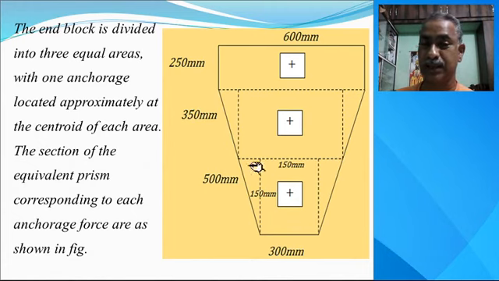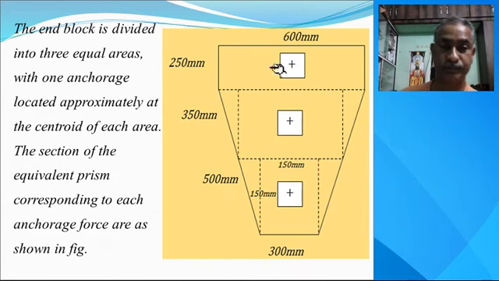Similarly for another area, you can find this distance: 15,000 divided by 3500 gives this distance. This is the second one, and the third is again this area, 600 multiplied by 250, again 1500. So we have divided the total block into 3 equal areas, and at the center of the 3 equal areas we can place the anchor plates, plates number 1, 2 and 3.